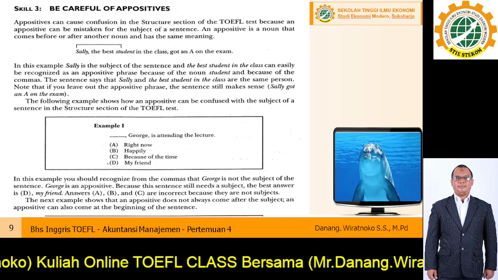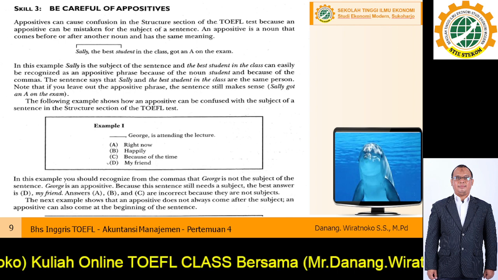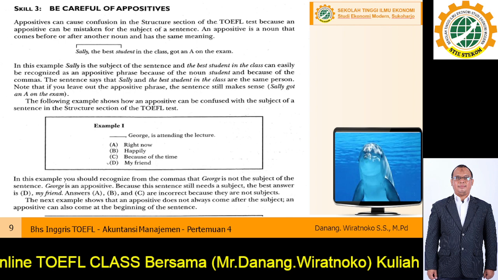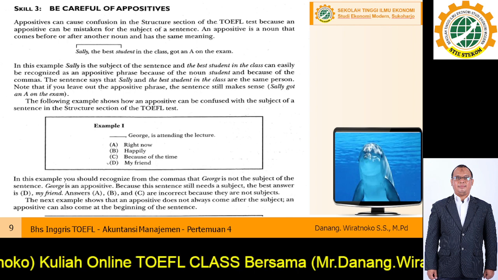Okay, example number 1. George is attending the lecture. In this example, you should recognize from the commas that George, comma, is not the subject of the sentence. Jadi kalau perhatikan, setiap ada kata appositive itu pastinya ada kata koma. So from the comma, George is not the subject of the sentence, George is an appositive, because this sentence still needs a subject.